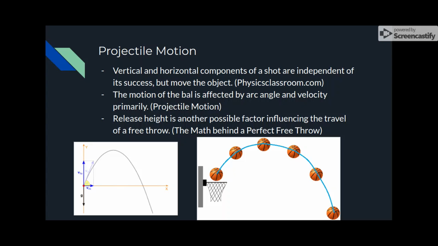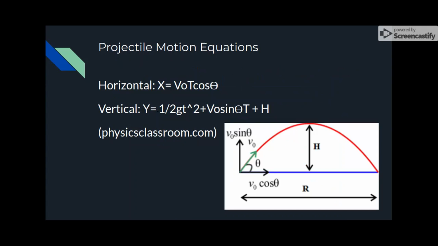Release height is another possible factor that would influence the travel time of a free throw. It has been determined to an extent that a higher release of the ball is slightly more successful, but this is not completely conclusive. So the projectile motion equations we'll be using: for horizontal, x equals velocity times time times cos of the angle, which is the release angle.